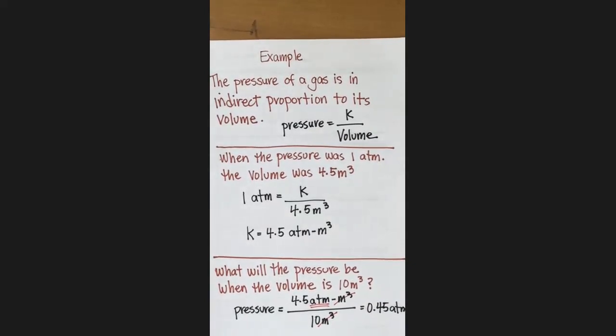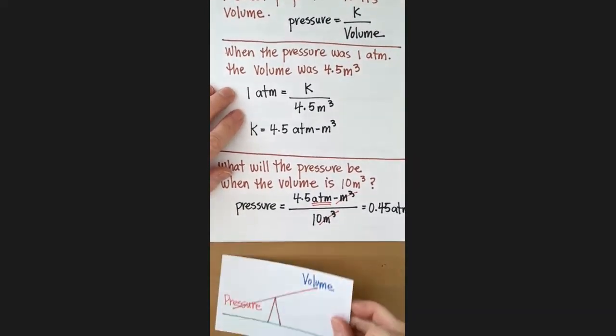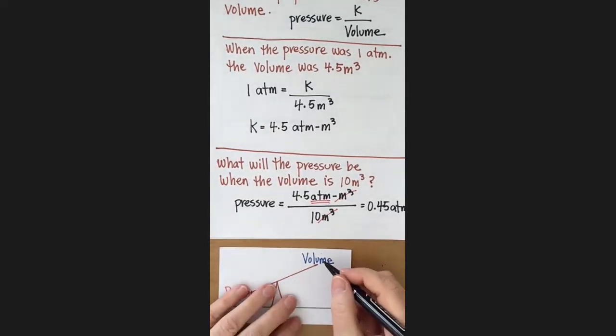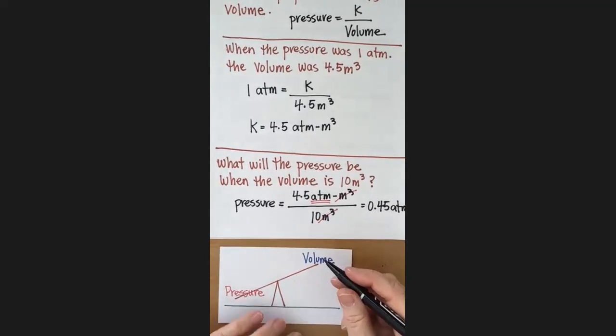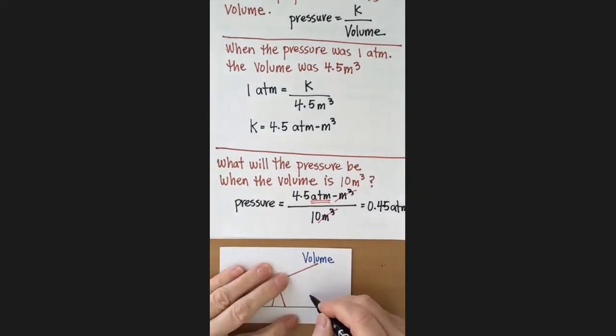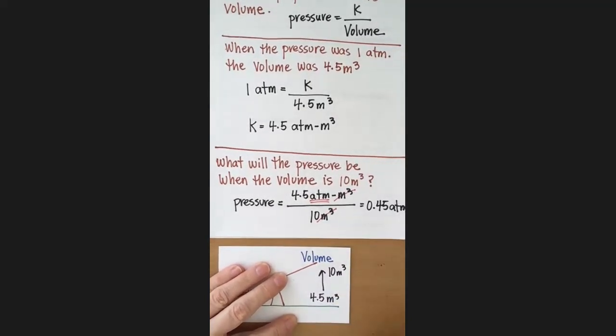So think about it. The volume got higher. The volume started out at 4.5 cubic meters, and it went up to 10 cubic meters.